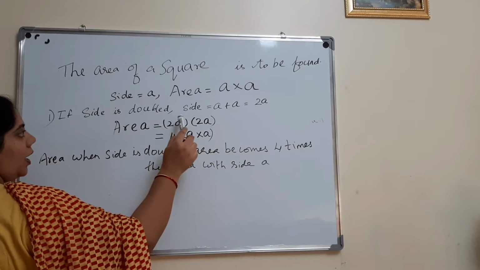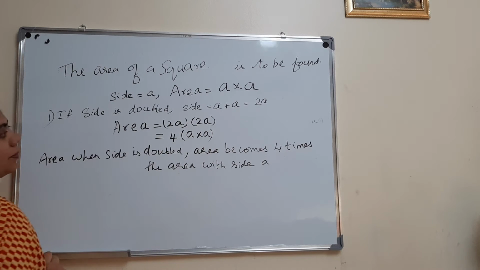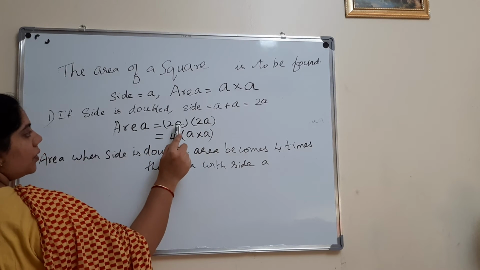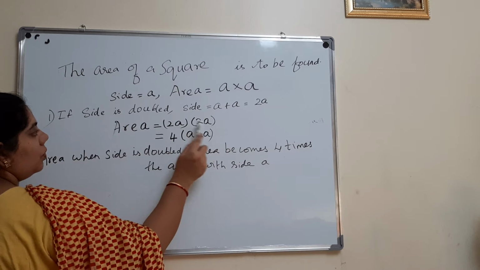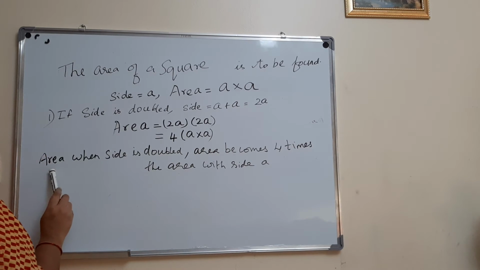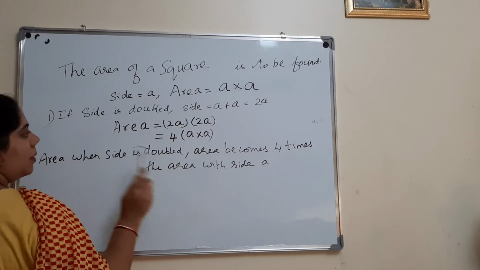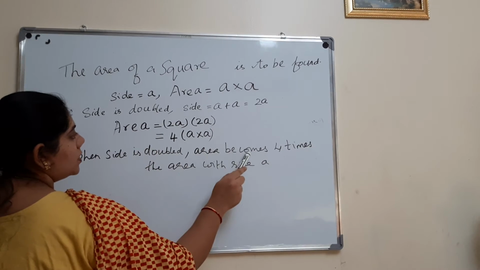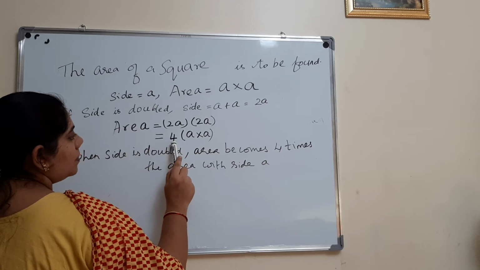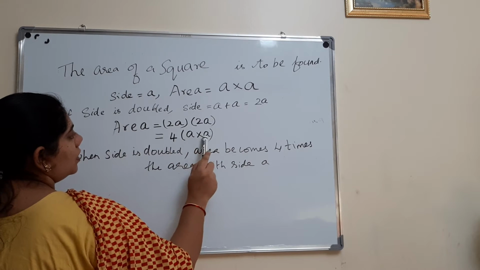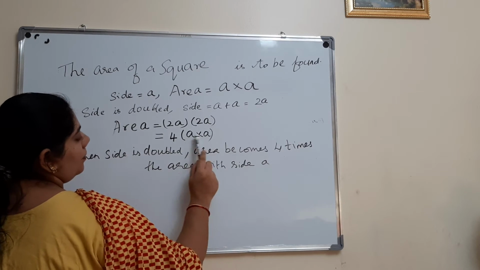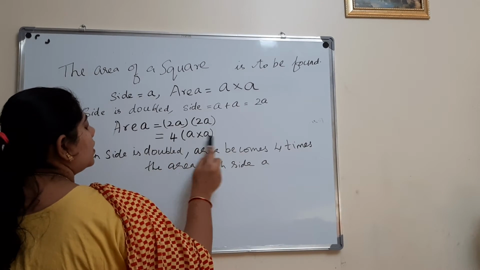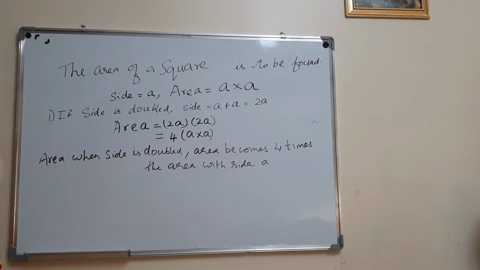So 2A into 2A. So 2 into 2, 4. Then A into A. Area when side is doubled. What happens to the area now? The area now becomes 4 times the area with side A.